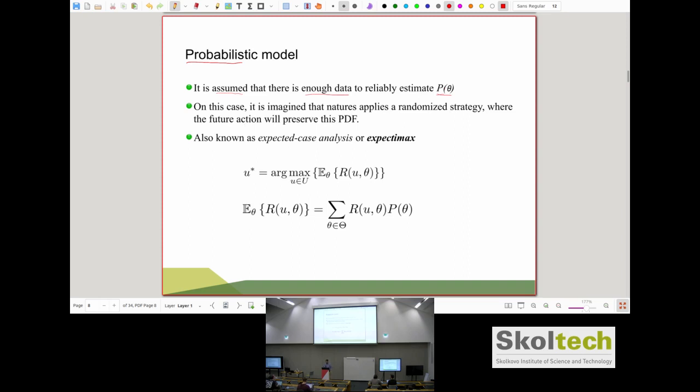So, we have collected this data. We at least have a prior. It might not be the best one. Maybe it's approximated, but at least we have something to start with. And in this case, what nature does is just apply a randomized strategy. Why is this?